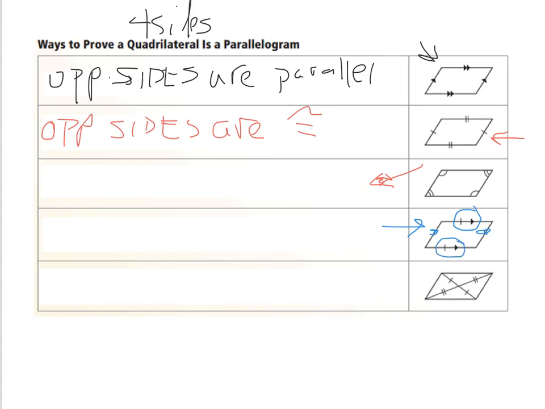Yes. And we are told that those sides are parallel, and we're also told that those sides are congruent. So, one pair of opposite sides, congruent and parallel. Remember, that's your parallel symbol.